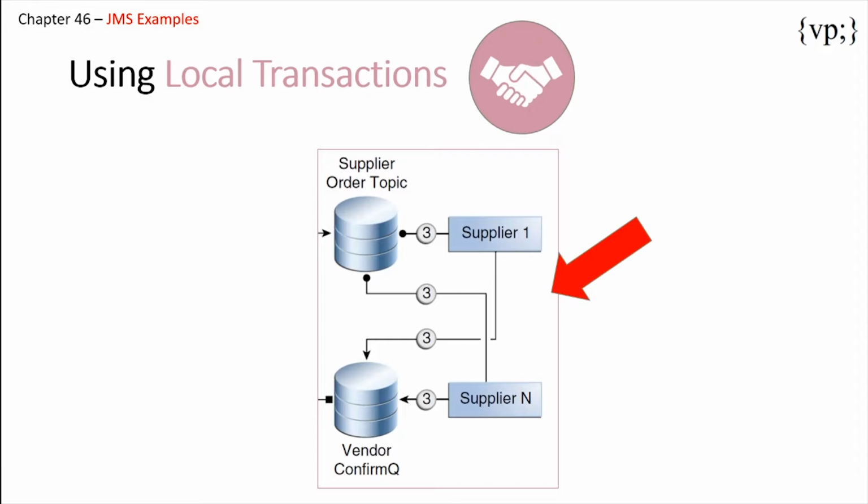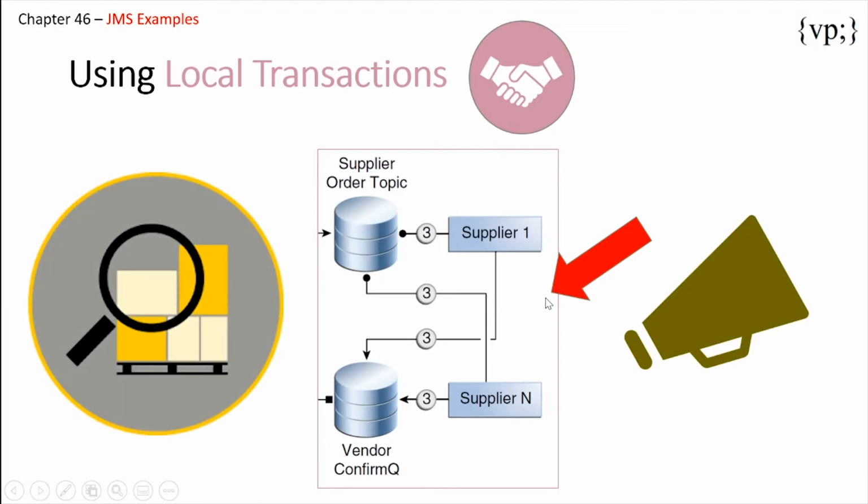If it does not have enough items in stock, the supplier sends what it has, and the synchronous receive from the topic and the send to the queue takes place in one JMS transaction. Just so you know, this entire thing is just one JMS transaction.